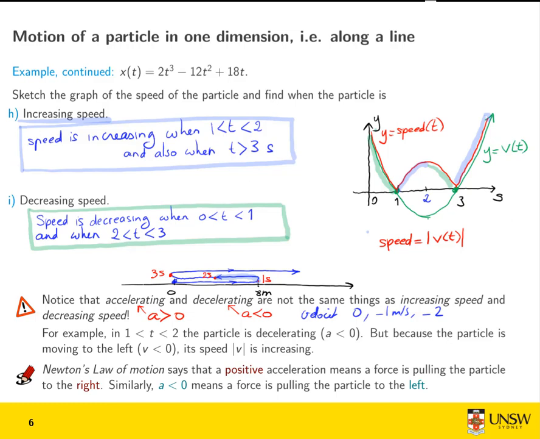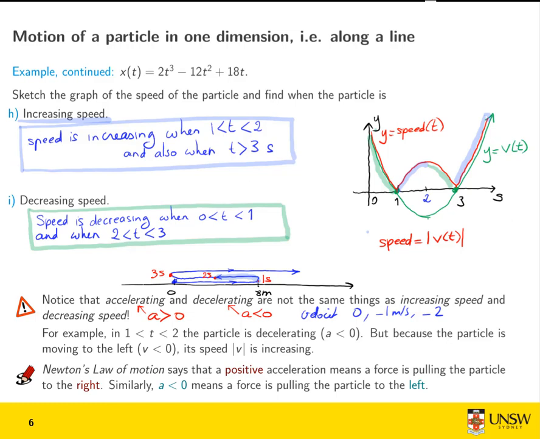Another way of looking at it is looking at acceleration as a force. Newton's law of motion, we'll come back to that, says that a positive acceleration means a force is pulling the particle to the right. And a negative acceleration, a force is pulling the particle to the left. So let's go back to what's happening between 1 and 2 seconds.